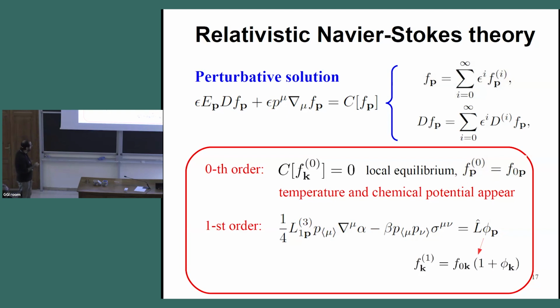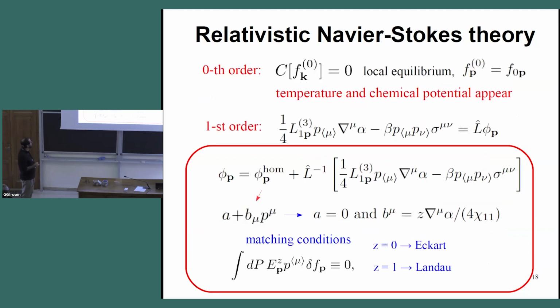If you want to solve this, you have to invert this operator, essentially, and get phi. This is what you get. Your first order correction will be some homogeneous solution, something which vanishes when you apply this operator, plus this term here, which is the particular solution.